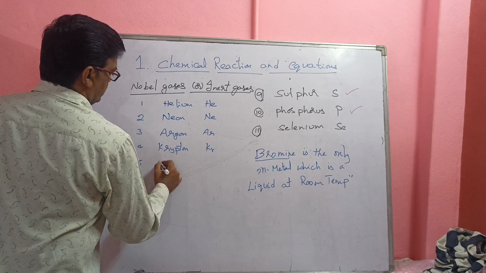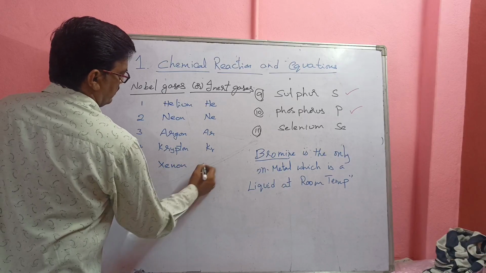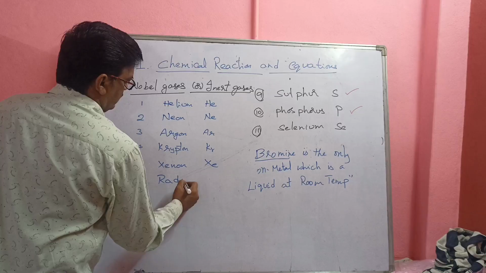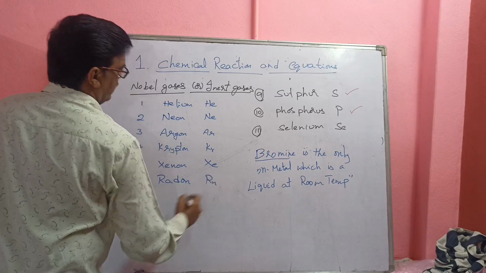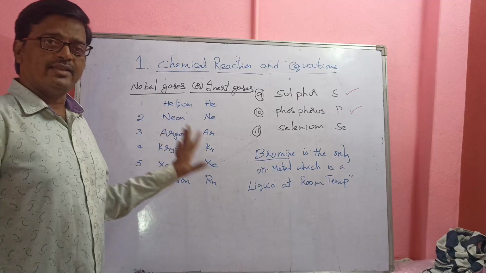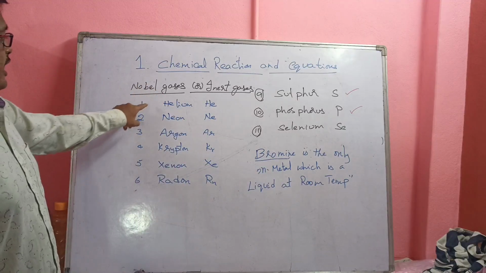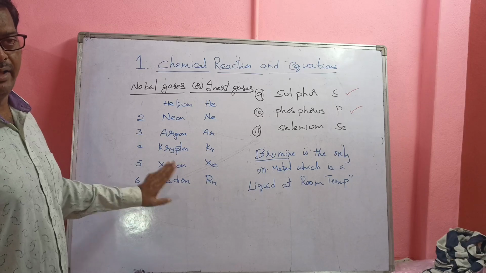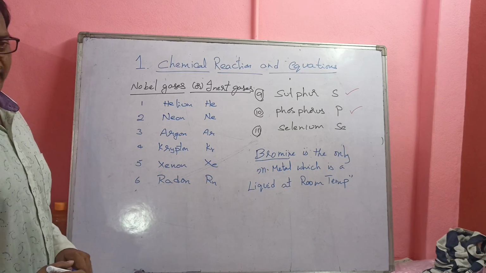Fifth, xenon, Xe. And sixth, radon, Rn. Okay, how many noble gases or inert gases are there? Only 6. So helium, neon, argon, krypton, xenon, and radon. These 6 are noble gases.